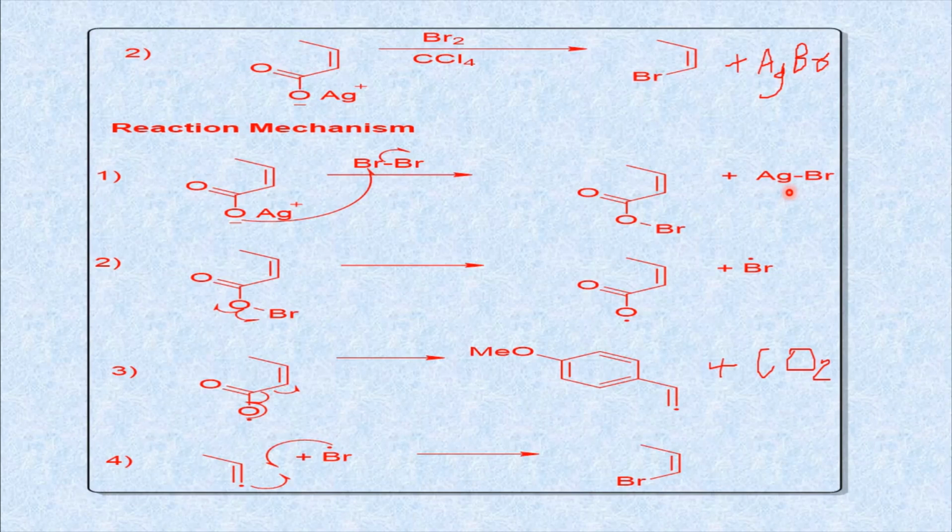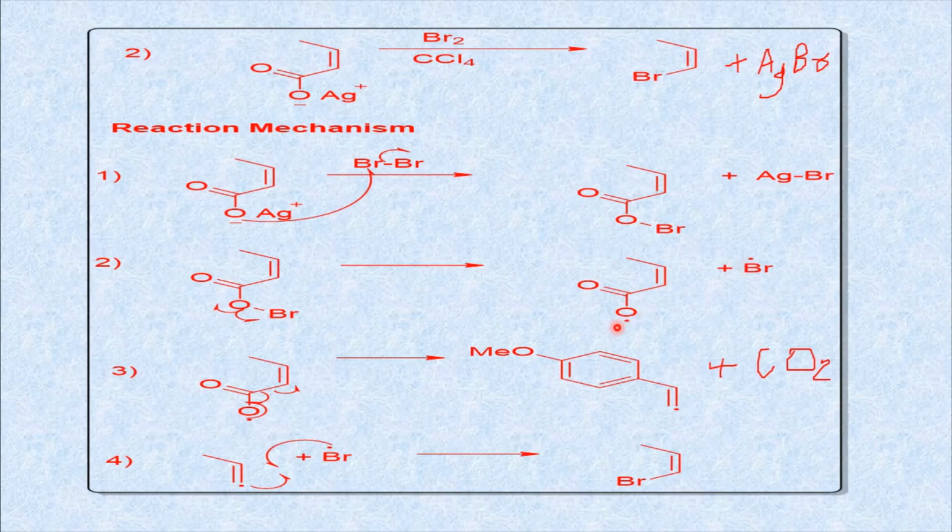Now in the next step, the O-Br sigma bond undergoes homolytic cleavage. After homolytic cleavage, one electron shifts to oxygen and one electron shifts to bromine.